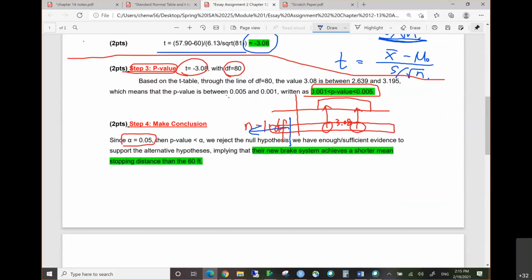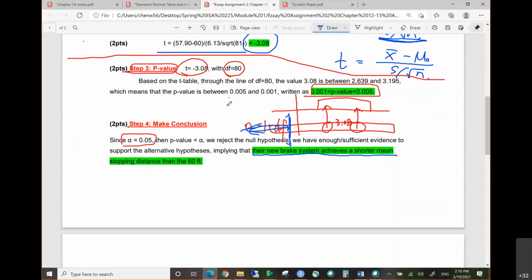This is not your conclusion. What is your conclusion? Your conclusion is always about your claim. So what is your claim? We want to test whether their new brake system achieves a shorter mean stopping distance than 60 feet. Right. So if you just stop here, say reject or not reject the hypothesis, this is not a conclusion.